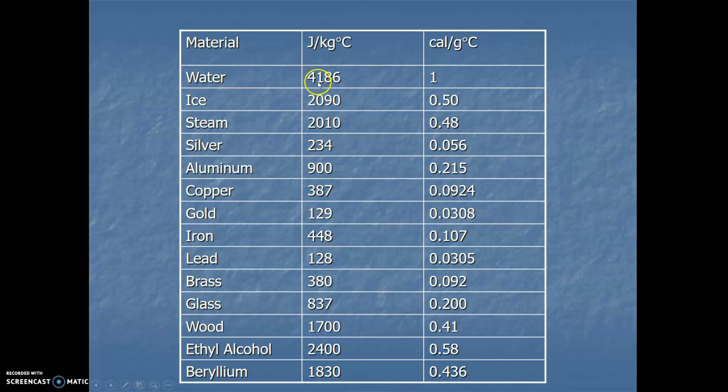Water is 4,186 joules per kilogram per degree Celsius, or 1 calorie per gram per degree Celsius. Notice that this is a much bigger unit because we're using kilograms here, so this is 1,000 times bigger than these. Ice has a different specific heat than water. It absorbs actually less energy. And you can look through all of these. Notice how these are all smaller. Water has the highest specific heat that I know of.